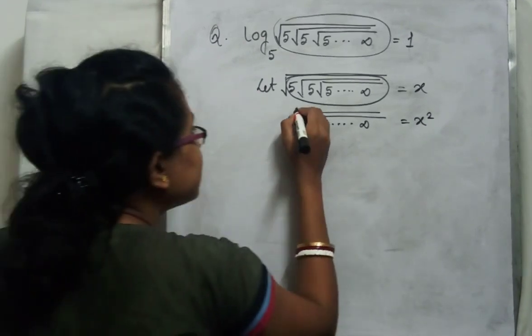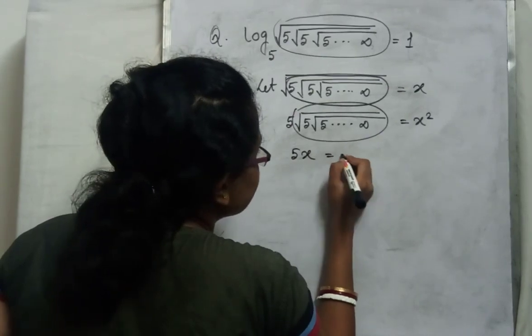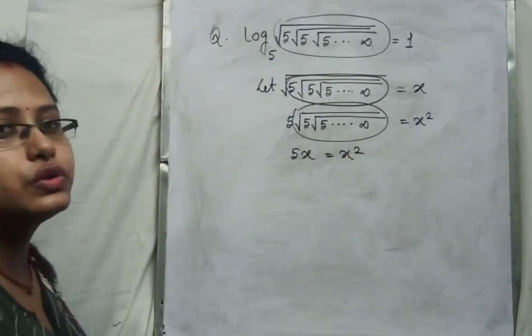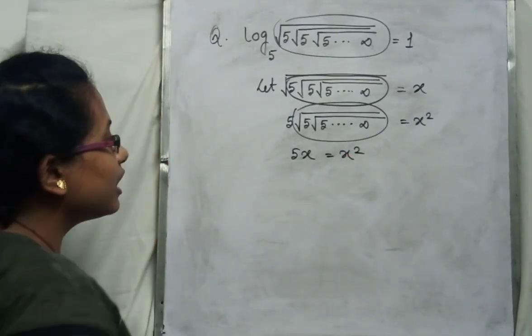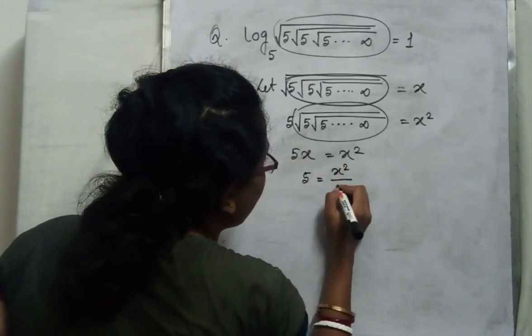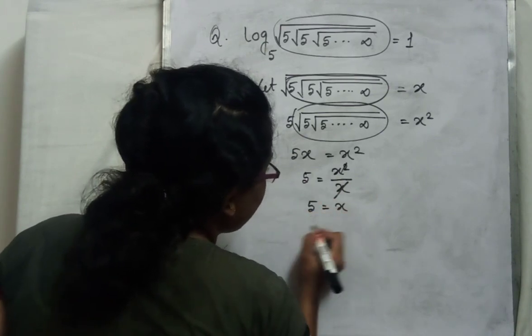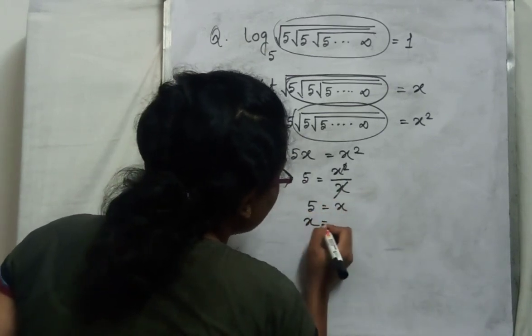And this thing we have let be x, so 5x equal to x square. Okay, and 5 is equal to x, so x equal to 5.